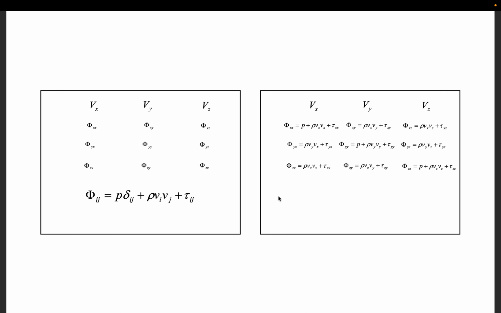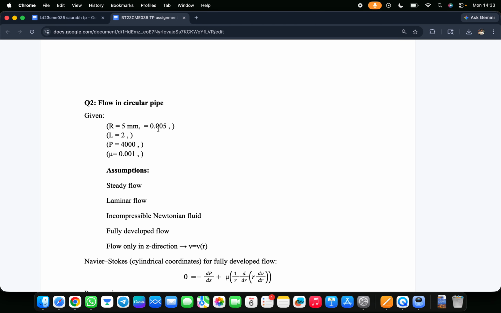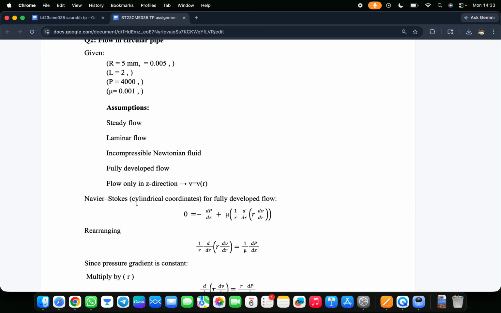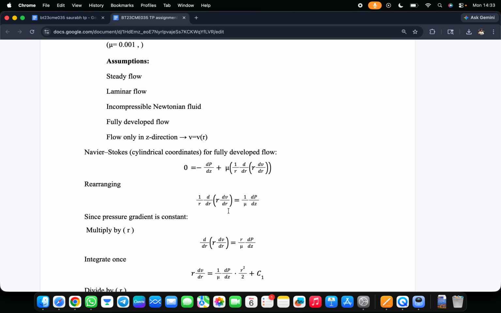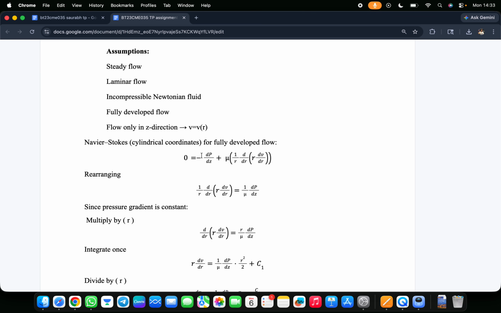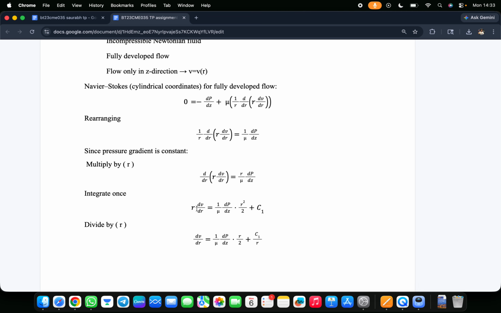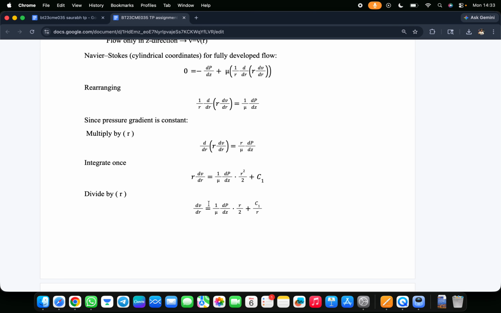So we will see how we have done this. Here is the given data, and here is the assumption. Now using Navier-Stokes for fully developed flow, putting the value, rearranging this, multiplying by r, integrating once, dividing by r.